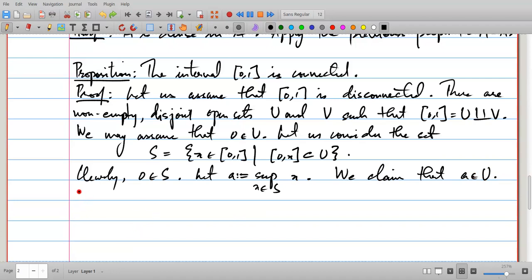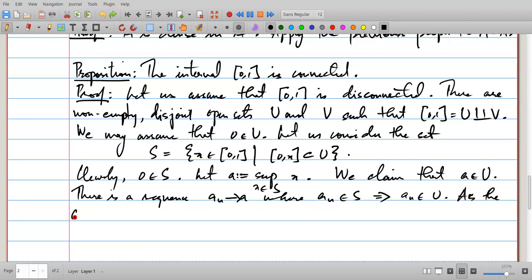By the definition of supremum, there is a sequence of a_n converging to A, where the a_n belong to S. In particular, this implies that the a_n belong to U. But as the complement of U is open, U is also closed.